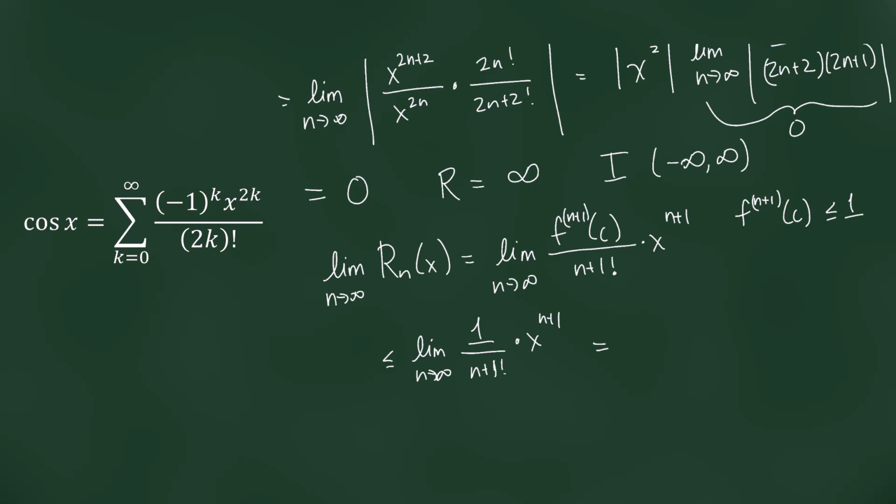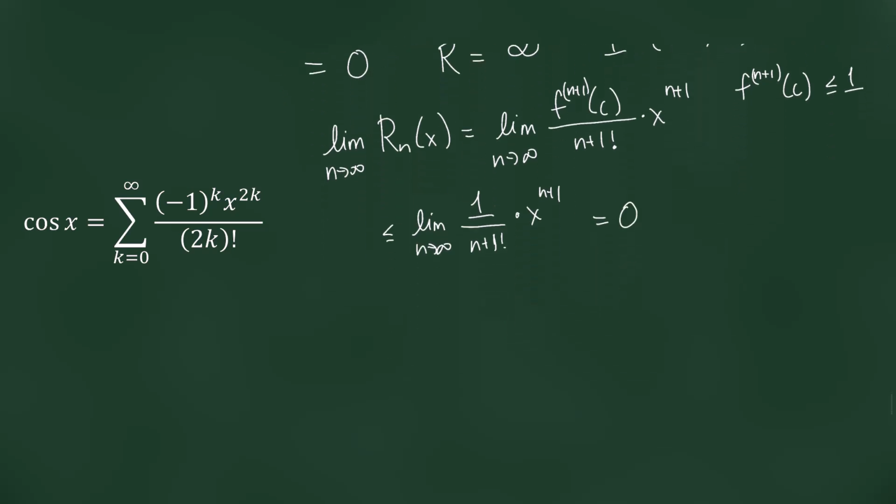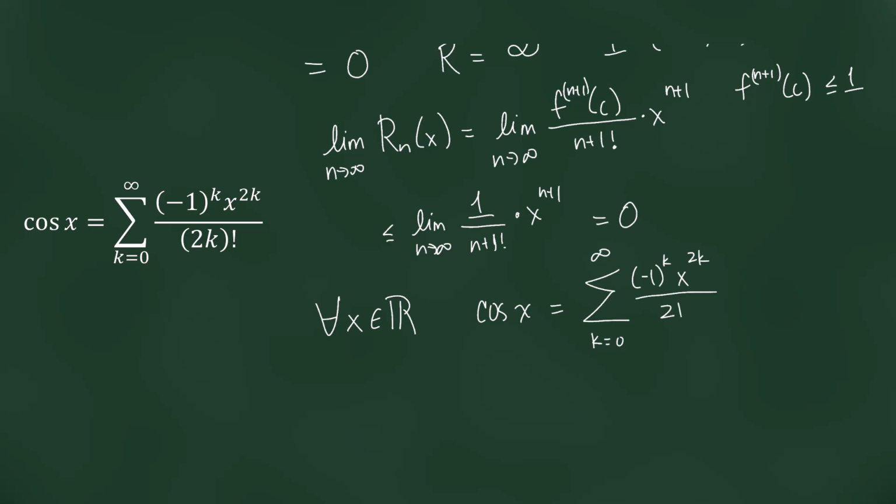And so we see that this limit is 0, which means that for all x, for all real numbers, we know that the cosine of x is exactly equal to the sum from k equals 0 to infinity of negative 1 to the k, x to the 2k, all over 2k factorial.